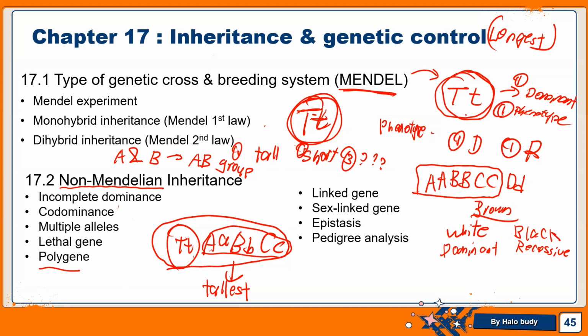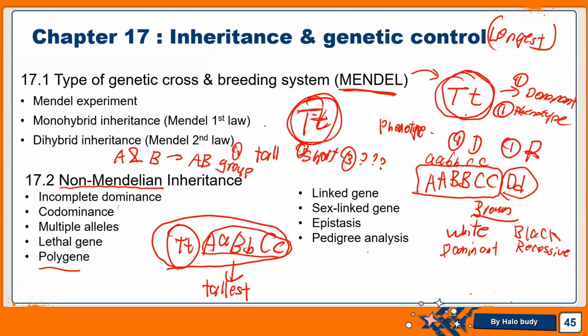That person will get brown skin color, even though it's dominant or recessive. But with this one gene, it will become brown color. This is called epistasis.